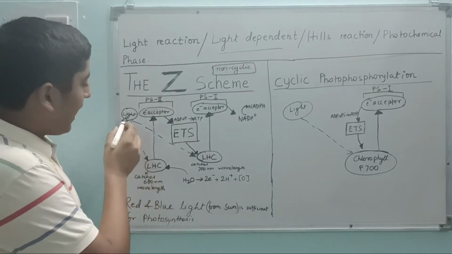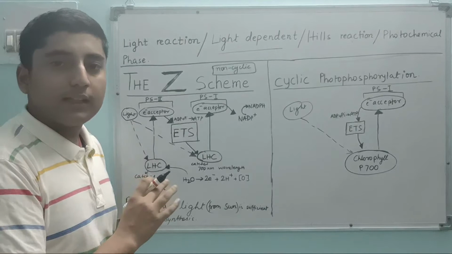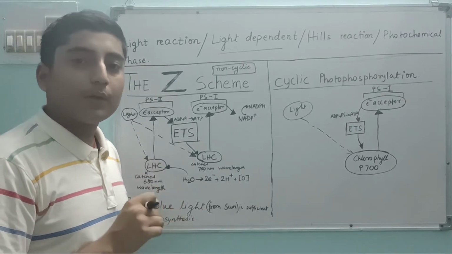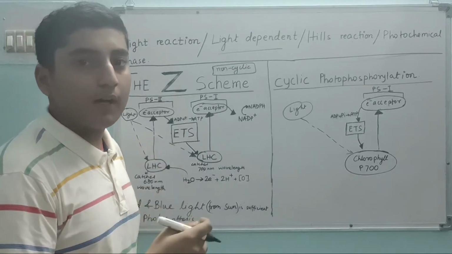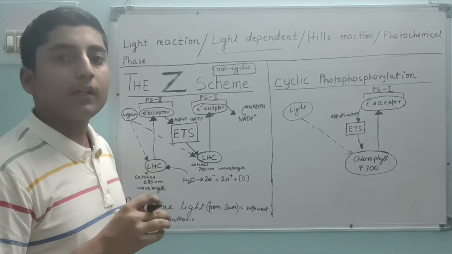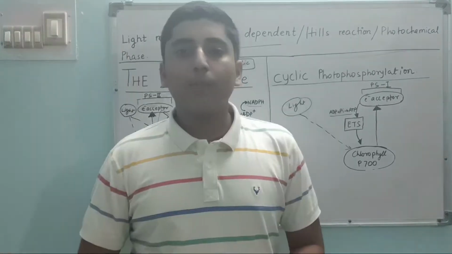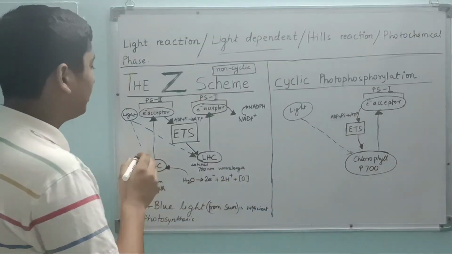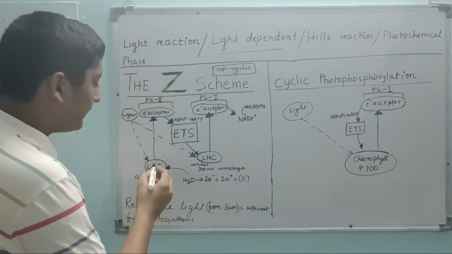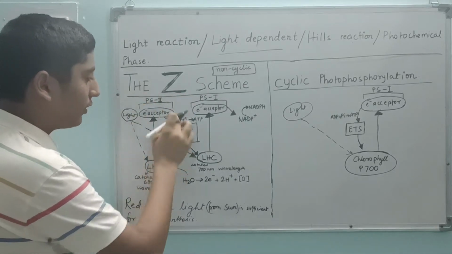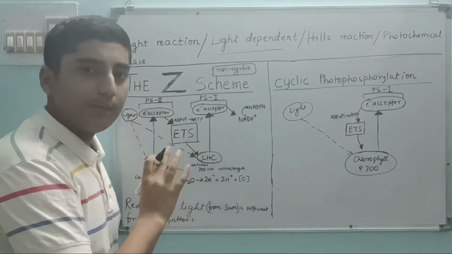Photosynthesis occurs in two photosystems, from photosystem 2 to photosystem 1. The photosystems are present in the chloroplast, in the thylakoid membrane. Observe carefully the diagram of the chloroplast. Look here, this is photosystem 2, the whole photosystem 2, and this is photosystem 1.